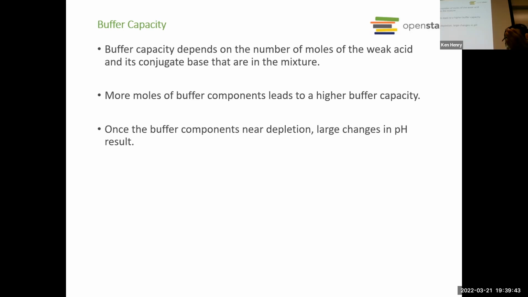Usually for buffering they'll use one or both of the ionic forms: the dihydrogen phosphate and the hydrogen phosphate will act as the acid, and then the base is just the phosphate ion.